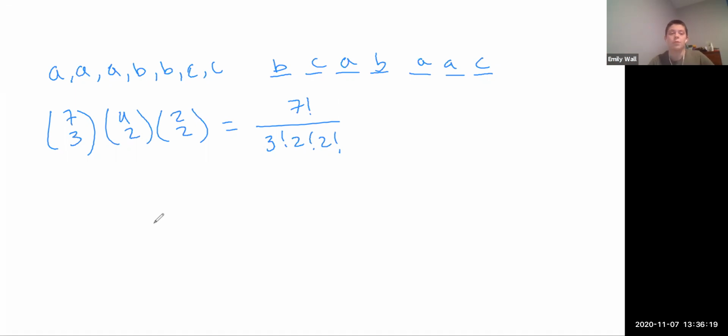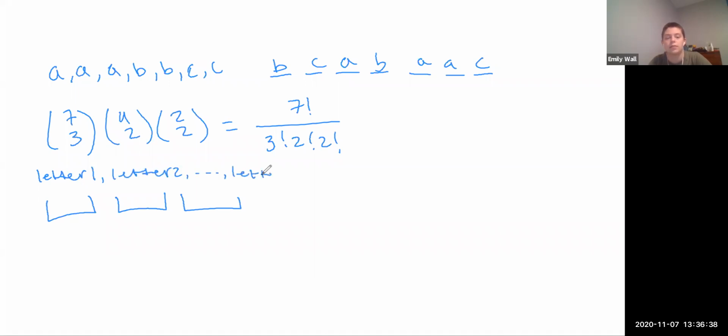Okay, the part where I complicate this just a little bit is that I really think about this problem as indistinguishable objects, distinguishable boxes. We have 7 letters, letter 1, letter 2, all the way to letter 7.